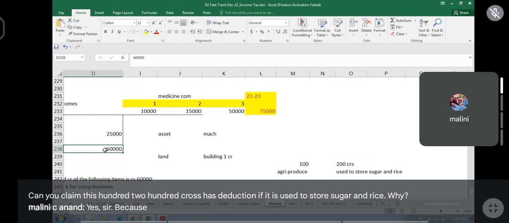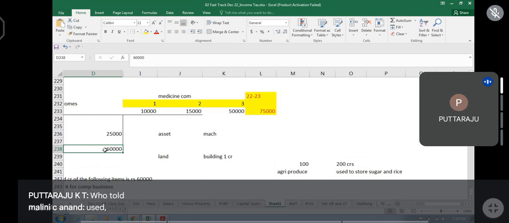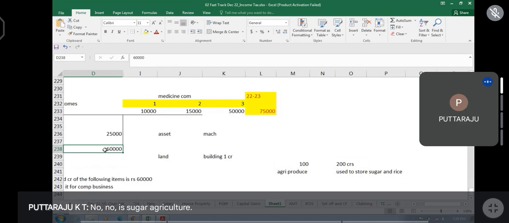Because it's agricultural produce. Who told? Sugar is agriculture? No, is sugar agriculture? Is sugar agriculture?